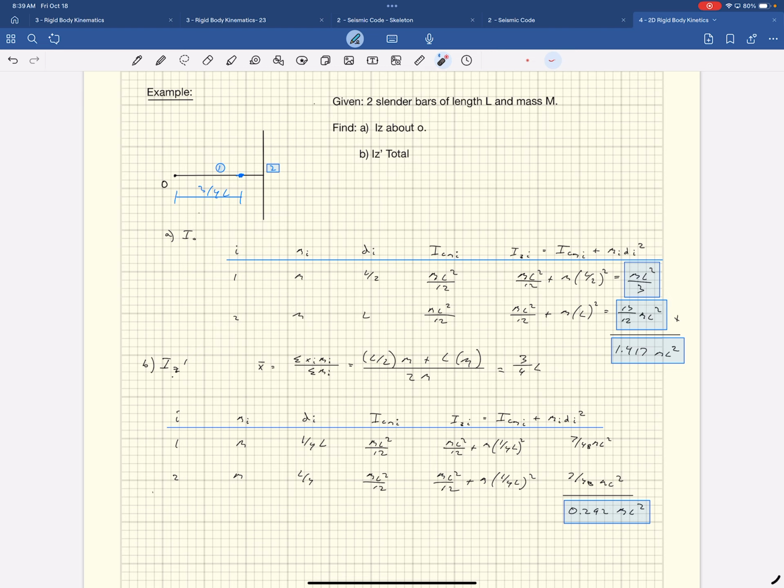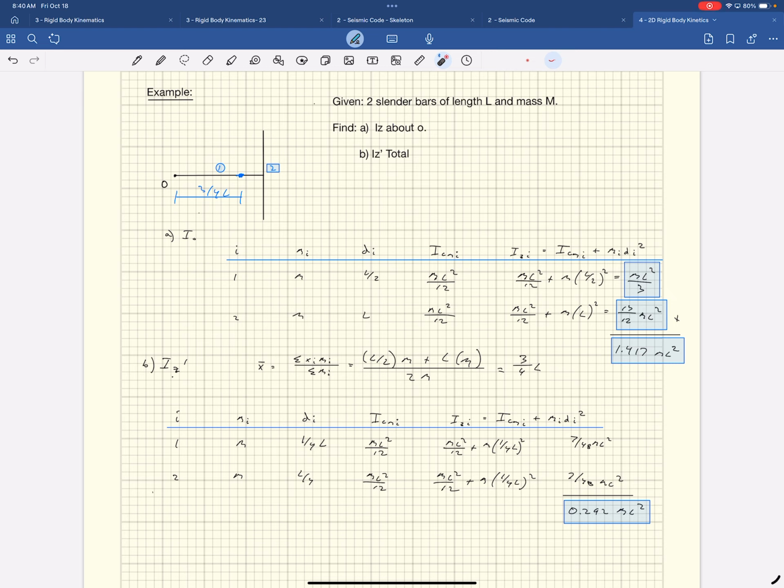If I was trying to figure out the accelerations or how this thing rotates about O, then I would have to calculate the moment of inertia about O. But if I was trying to figure out how this thing rotates about the mass center, what alphas and omegas I'm going to get about the mass center, what I would care about would be about the mass center. So it depends on where you're summing your moments about.